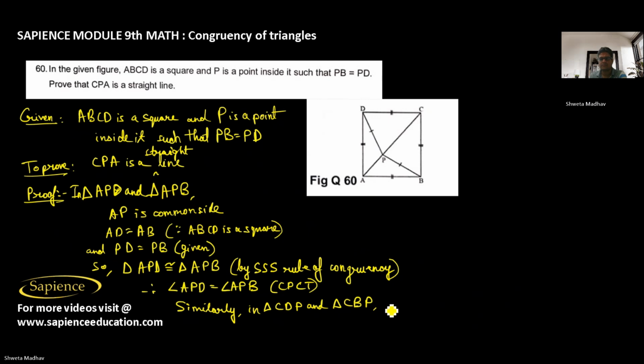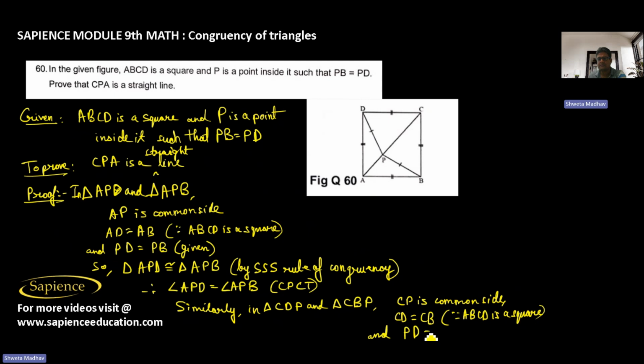You can see that CP is the common side, and CD is equal to CB, since ABCD is a square, and PD is equal to PB, which is given.